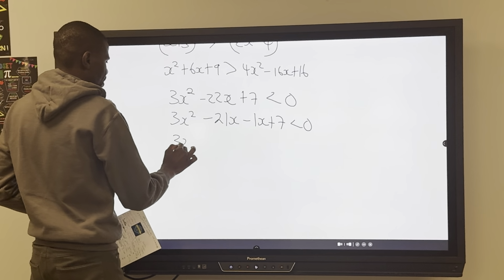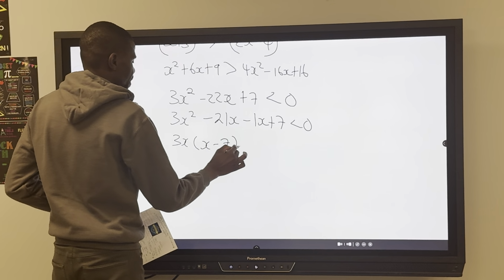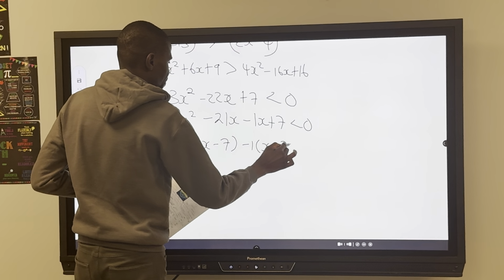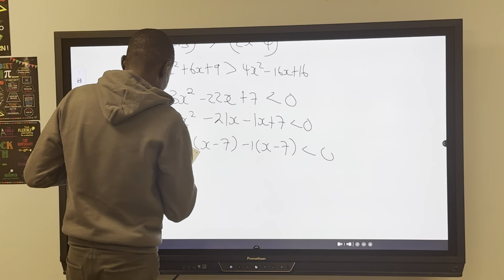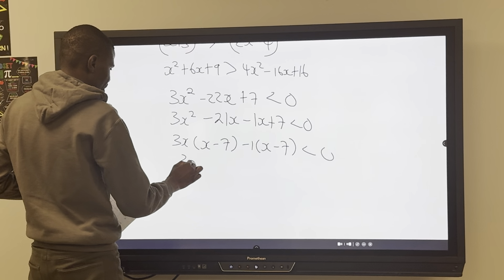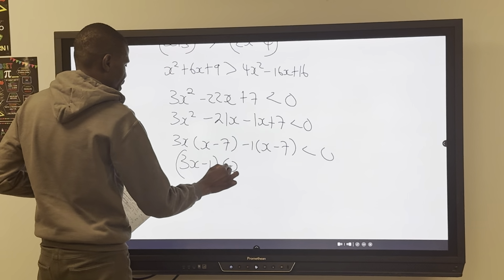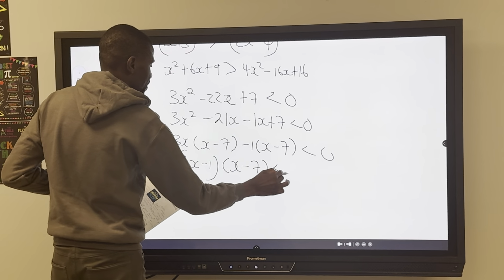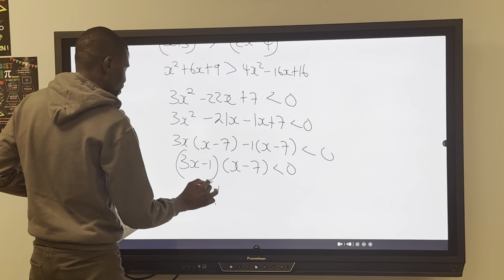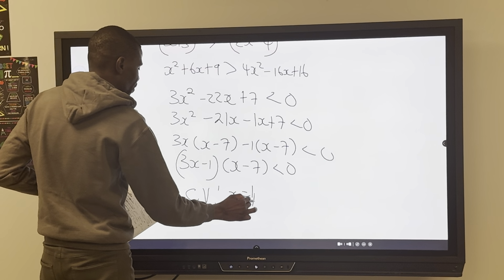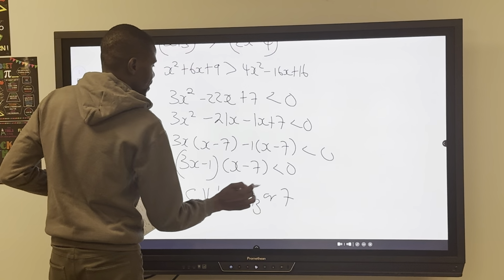So 3x bracket x minus 7 minus 1 bracket x minus 7 is less than 0. So 3x minus 1, x minus 7 is less than 0. So our critical values, x is equal to a third or 7.